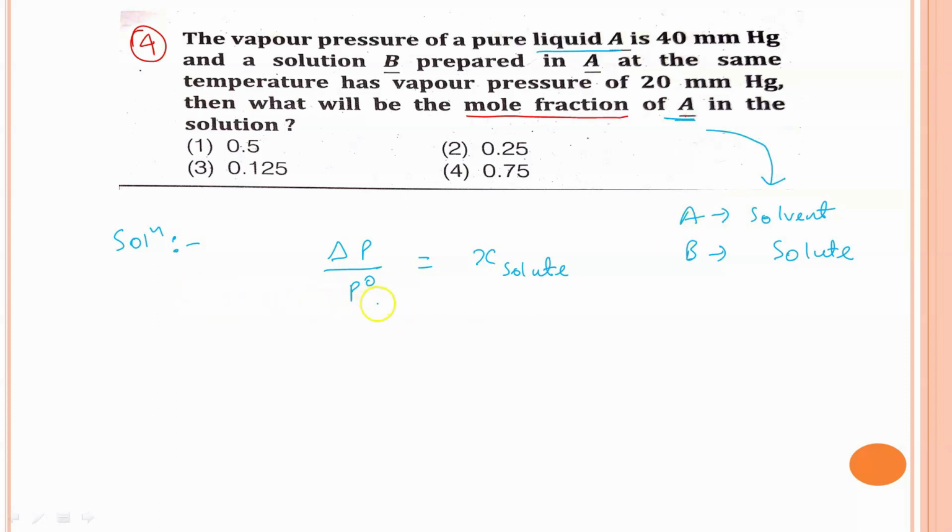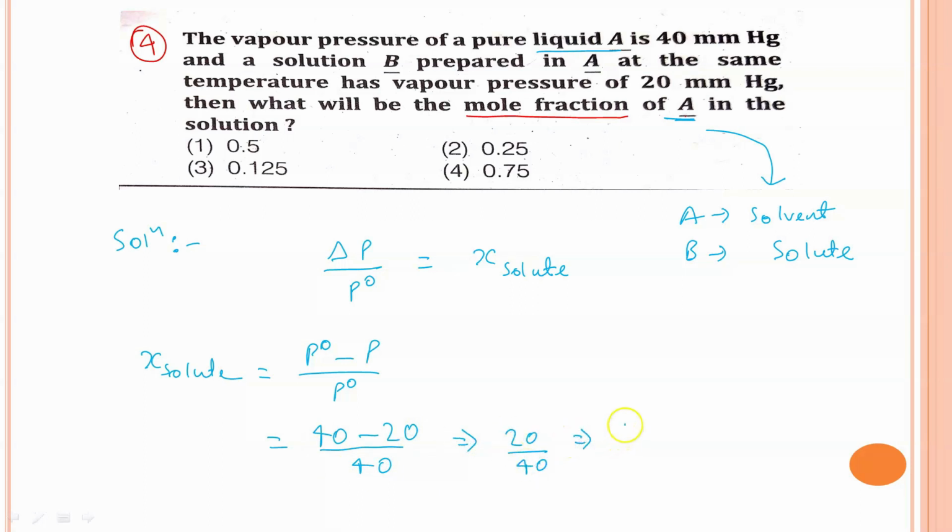So from this formula, firstly we will calculate the mole fraction of solute, as del P can be written as P naught minus P by P naught, where P naught is pure vapor pressure, and the value for pure vapor pressure given is 40. So 40 minus 20 upon 40, which will be equal to 20 by 40, that is 1 by 2 or 0.5.